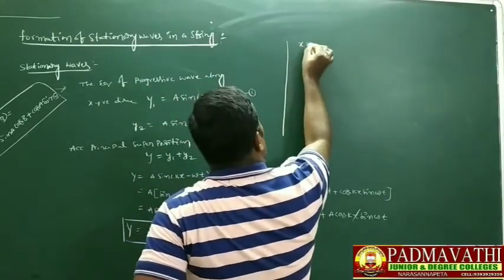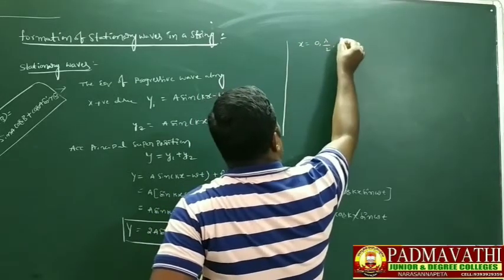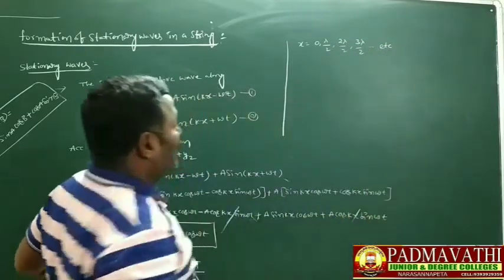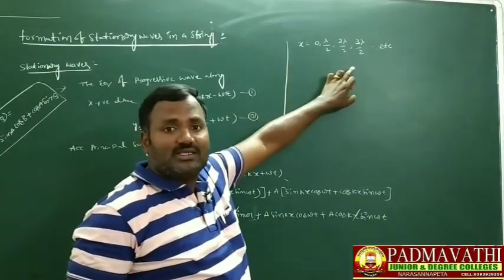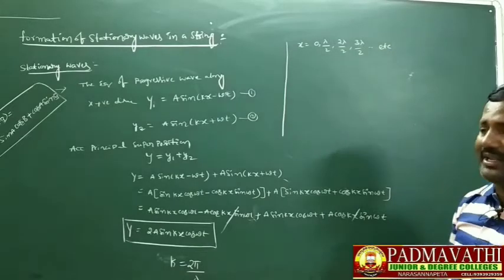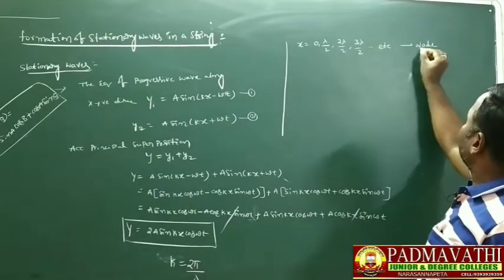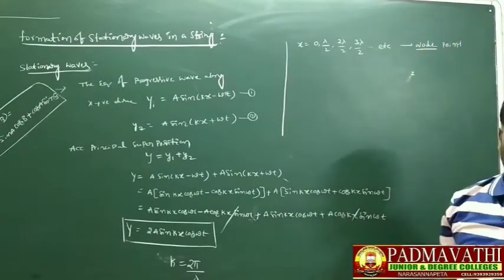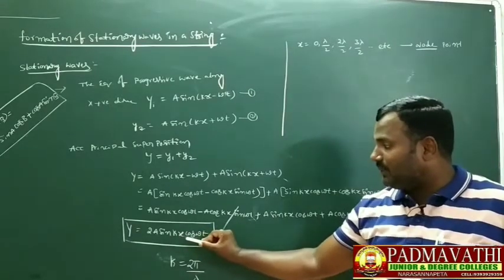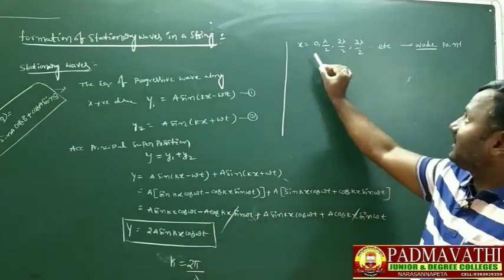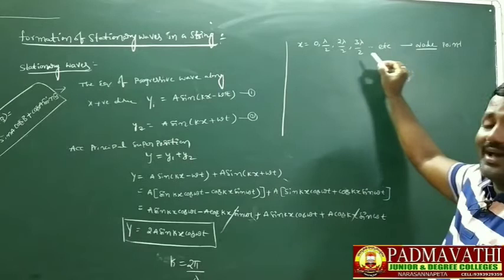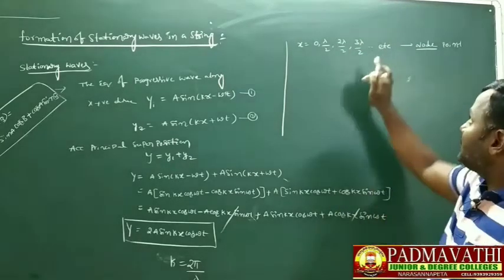Let us see x equals 0, lambda by 2, 2 lambda by 2, 3 lambda by 2, etc. Here the amplitude is 0.